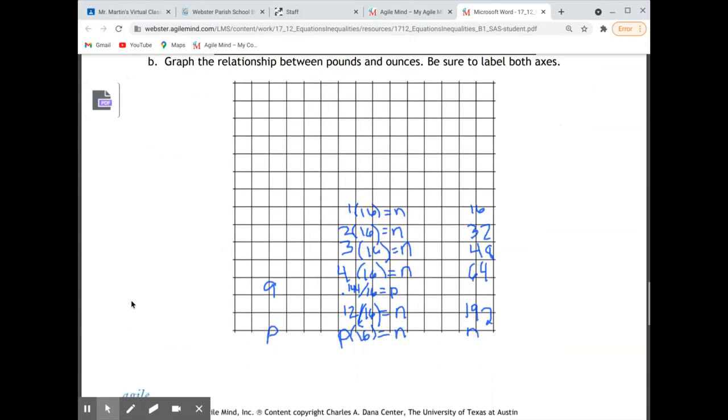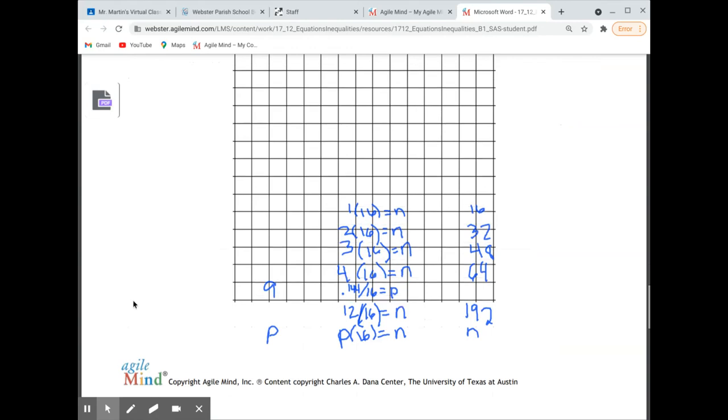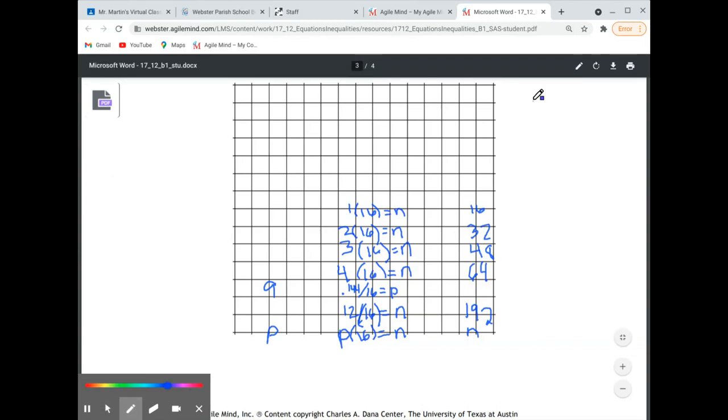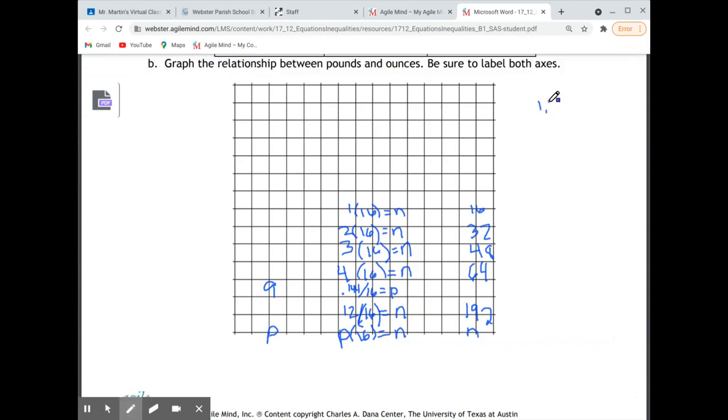All right, so if we were taking our graph, I wonder if I can take this. No, it don't move. Darn. Anyways, if we took our graph and everything that we had, so we had 1 to 16, 2 to 32, and 3 to 48.